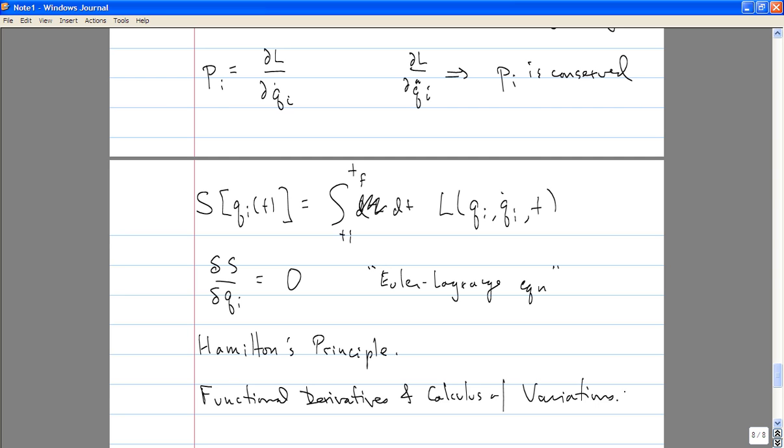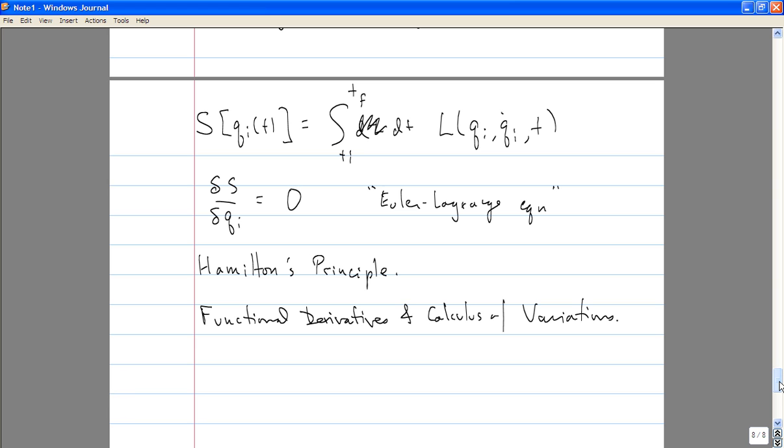Finally, we also saw that there was an alternative formulation of the equations of motion of systems with constraints involving Lagrange multipliers. So I don't intend on going through all of that in detail right now.